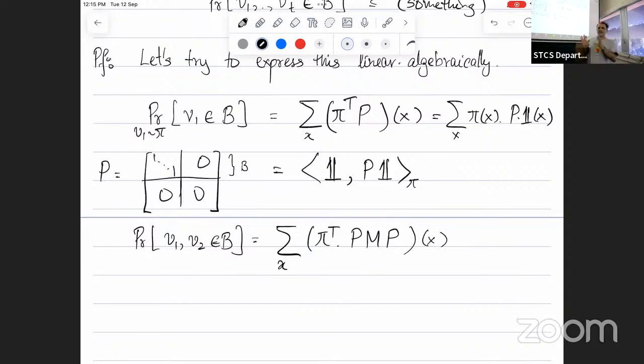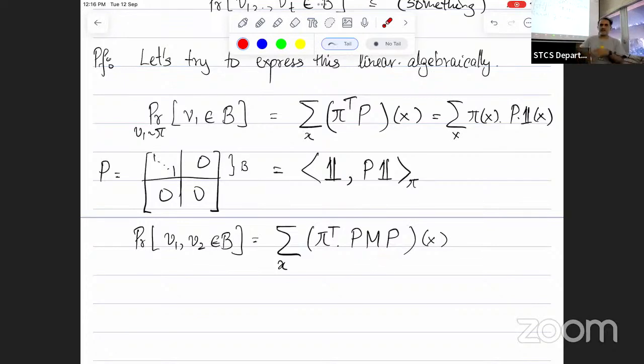Okay, so let's just parse the statement. Think of pi transpose as your original distribution. The first P is going to zero out everything where the first vertex itself was not in the set B. So those cases are just zeroed out completely. And then I take one step of my random walk. Now I'm at a new vertex. Again, I need to check, is this new vertex inside B?